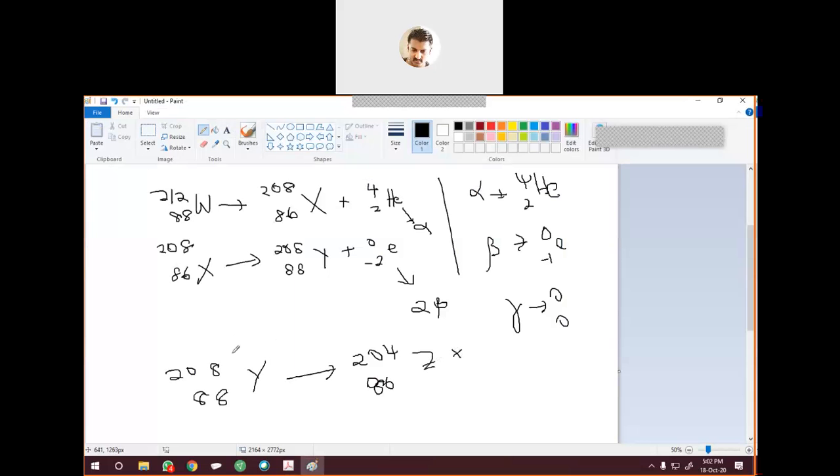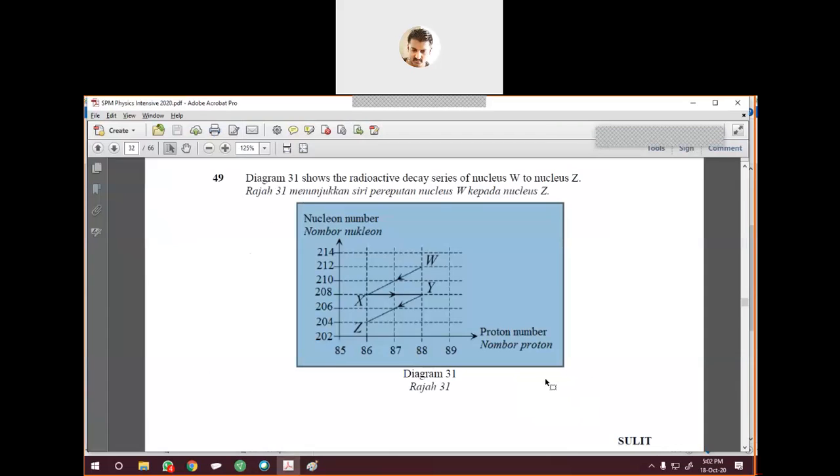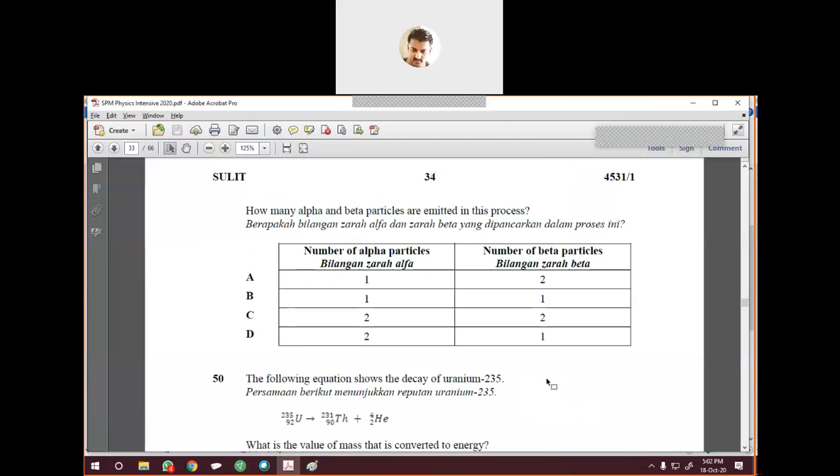So this tells us from 208 to 204, another 4 has been lost. 88 to become 86, so 2 has been lost. That's it. So this is the helium isotope, which represents 1 alpha as well. So in total, how many alpha and how many beta are lost? 2 alpha and 2 beta. All okay, you can understand? So the answer will be C.